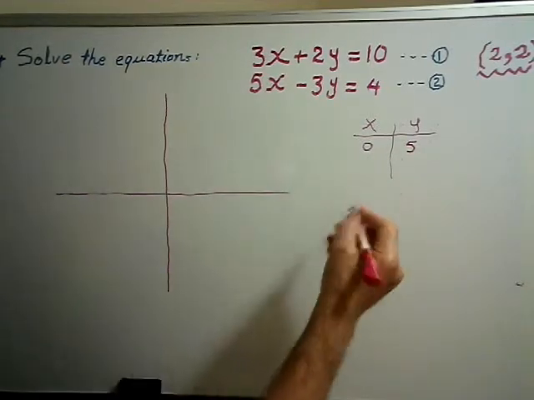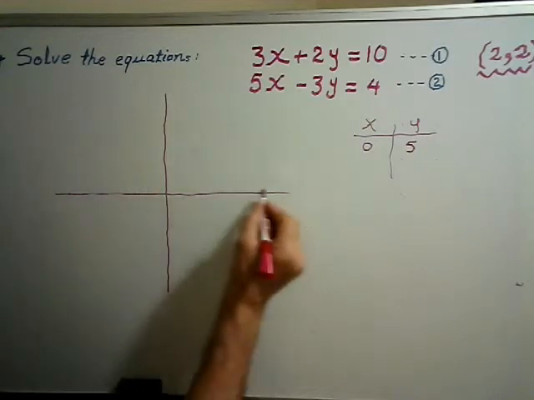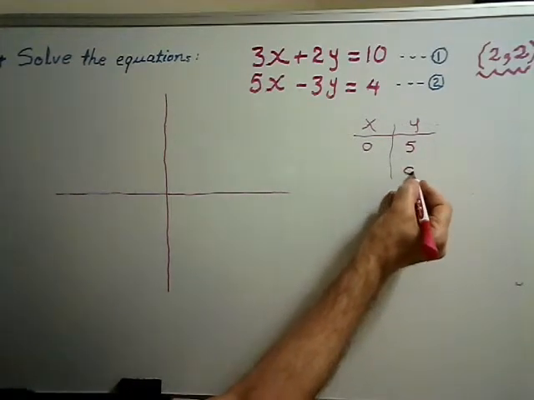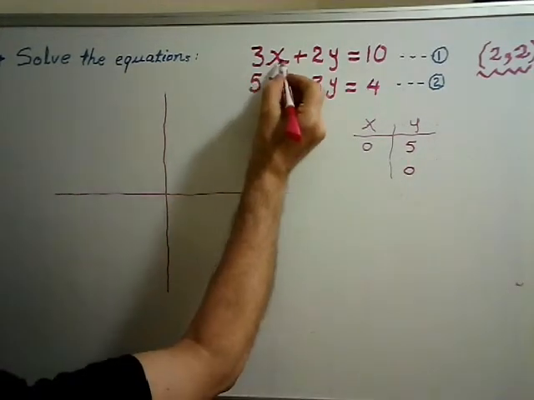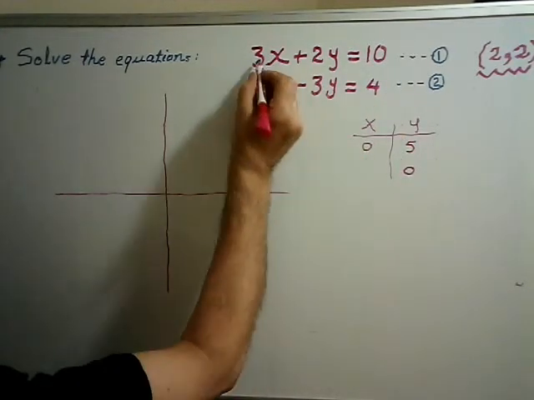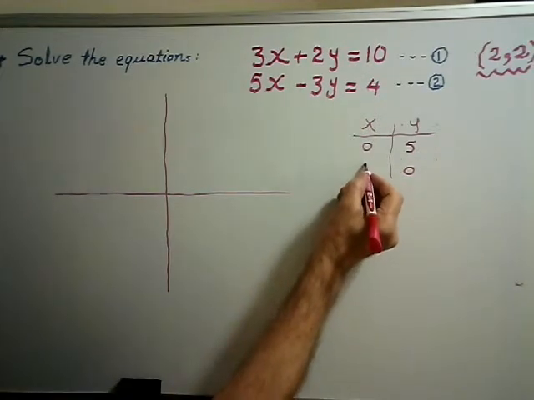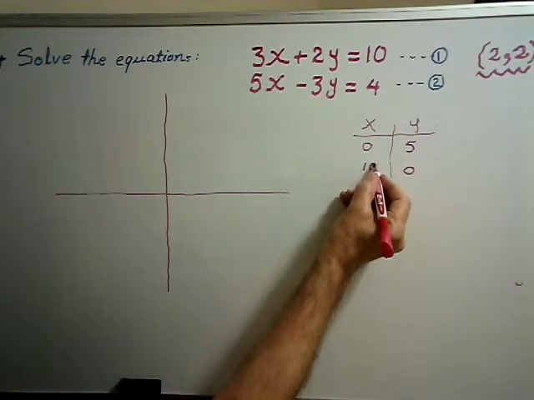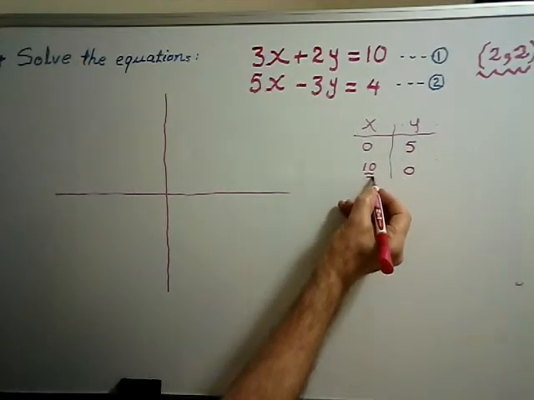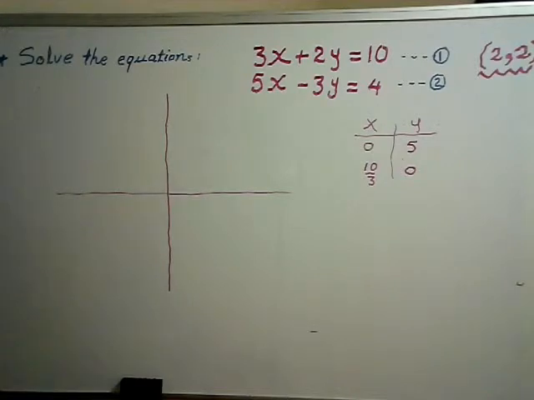And repeat that again by finding the intersection point with the x-axis by putting y as 0. So 3x plus 0 is equal to 10. That means 3x is 10. So x is 10 over 3, that means 3 and 1/3. This is the table for the first equation.